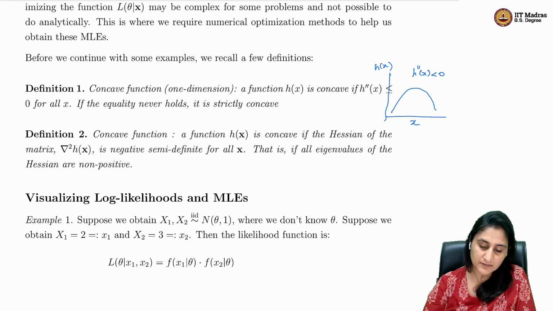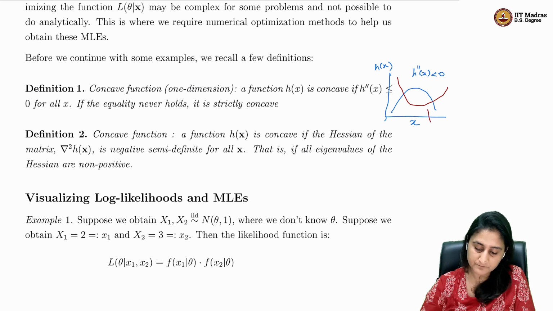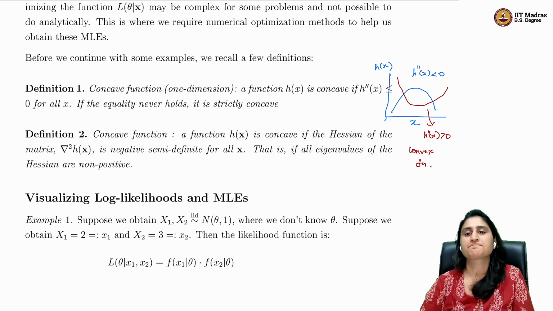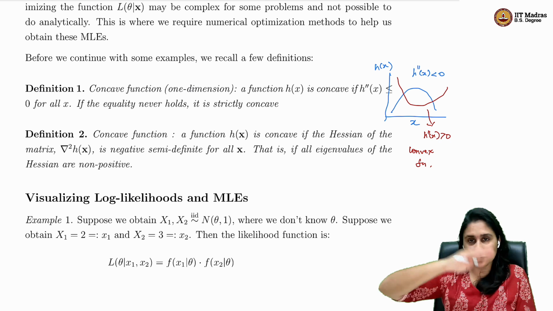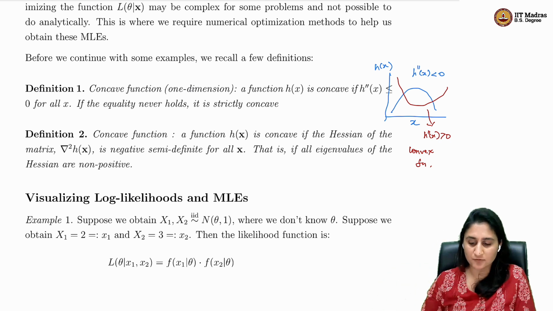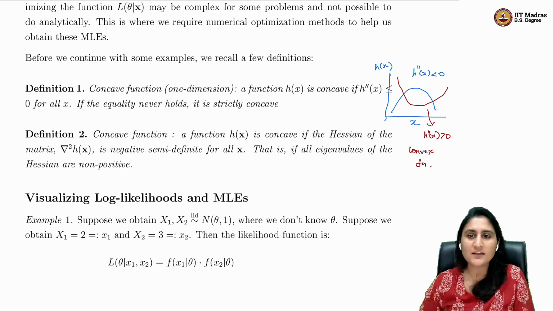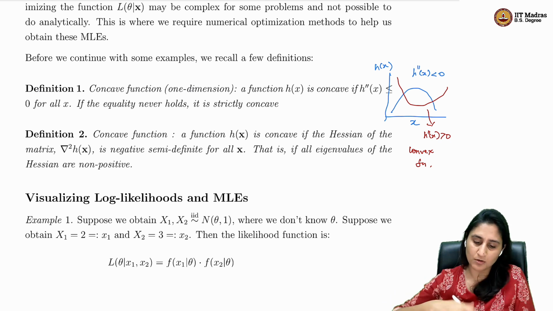Similarly, if I take a function like this, it has the second derivative greater than 0, and it's called a convex function. So concave functions look like a hill, and we're trying to maximize something, and convex functions look like a bowl.